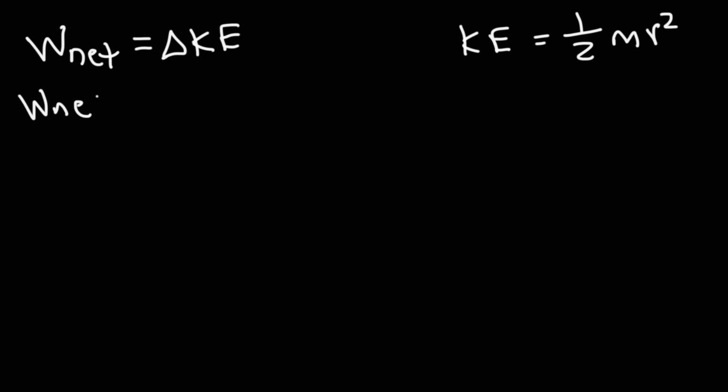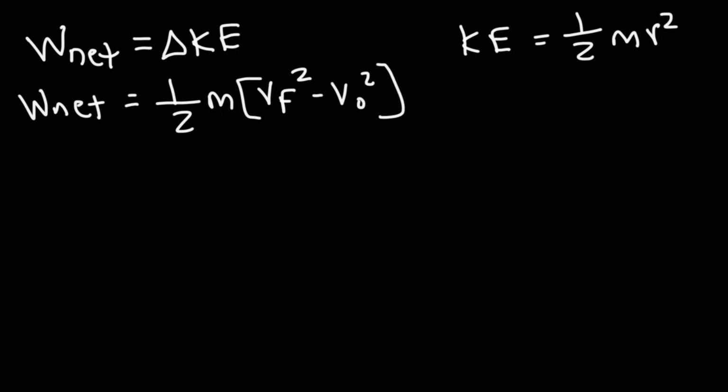So the net work is going to be the difference between the final and the initial kinetic energy, which will simplify to this formula. It's going to be 1/2 times the mass times the square of v final minus the square of v initial. And that'll give you the work done by the net force on an object.